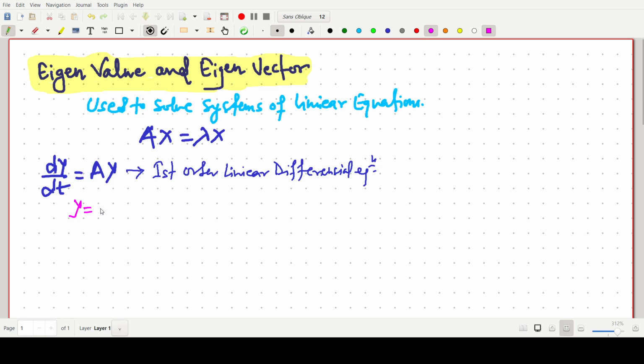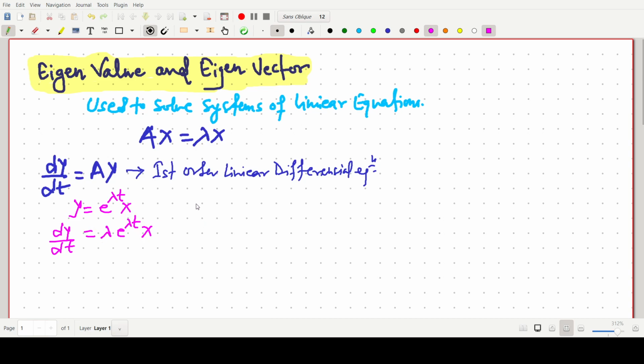This is the solution of this equation. If we take the derivative dy by dt, it should be lambda e to the power lambda t into x.